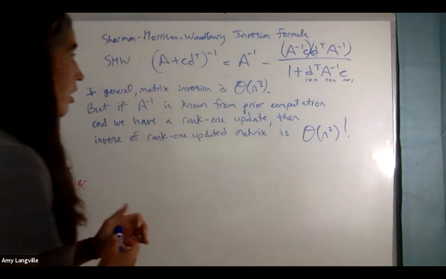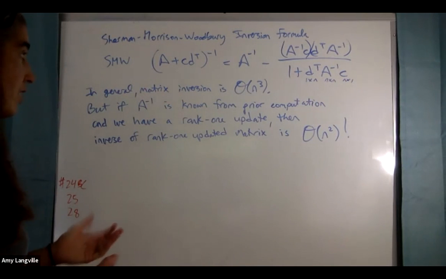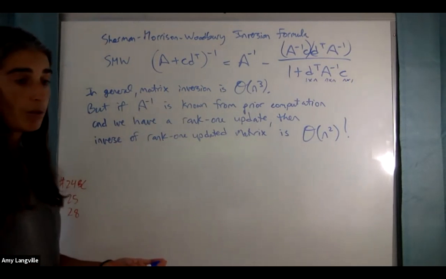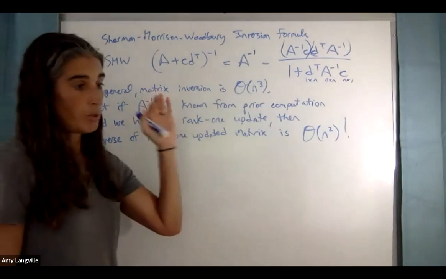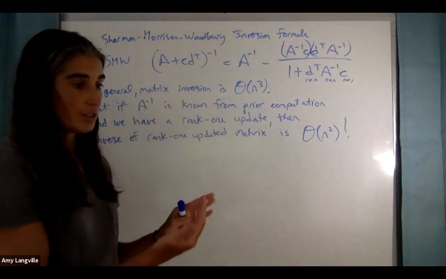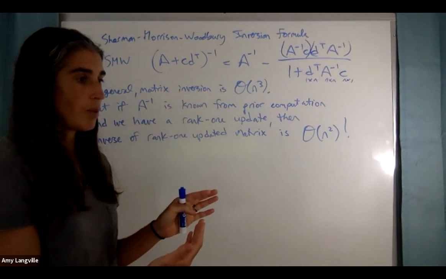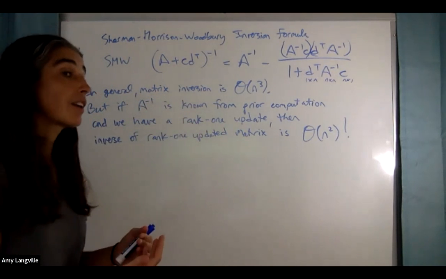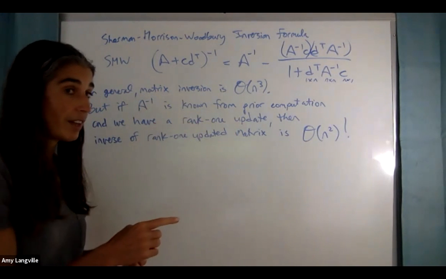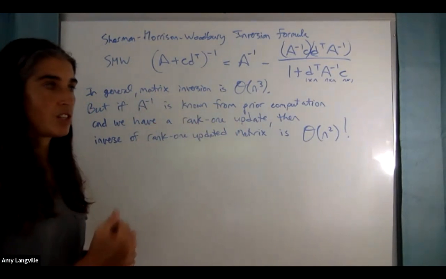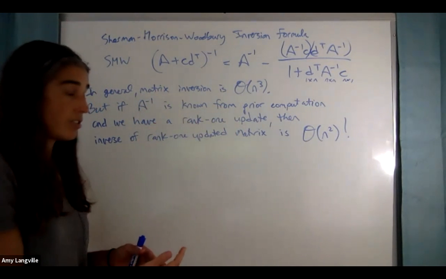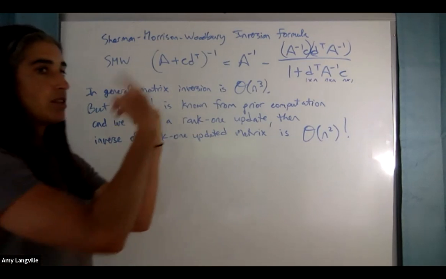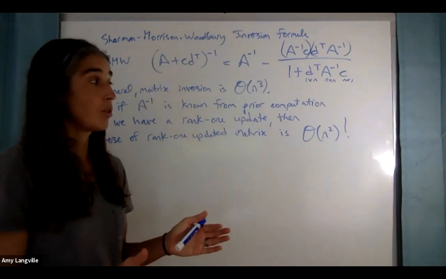So it turns out that you've got quite a bit of savings. In general, if you didn't know there's a rank 1 update, and you computed B inverse at one iteration and then the next, and you didn't recognize it's a rank 1 update, you're doing n cubed work each time. But when we recognize that from one iteration to the next, only one column of B is changing, so it's really a rank 1 change to the matrix, and because we know the B inverse from the prior iteration, we don't need to compute it again.